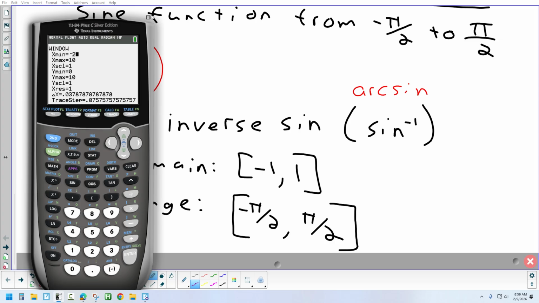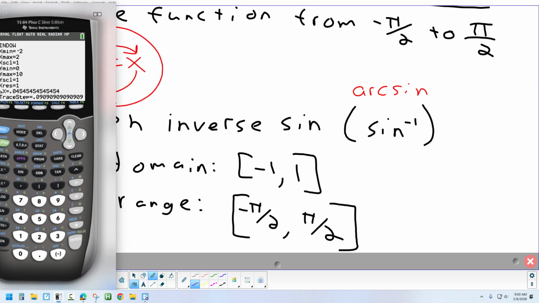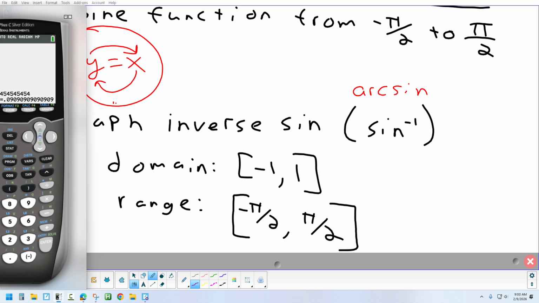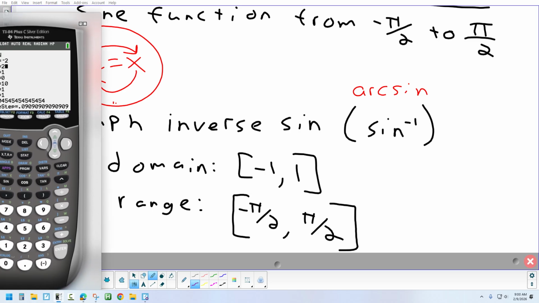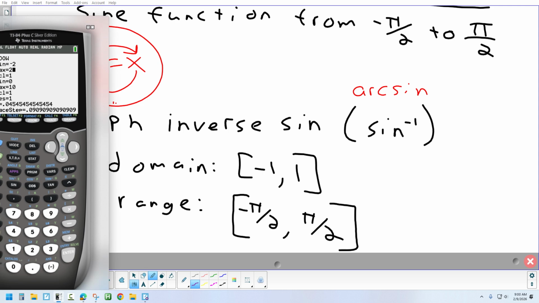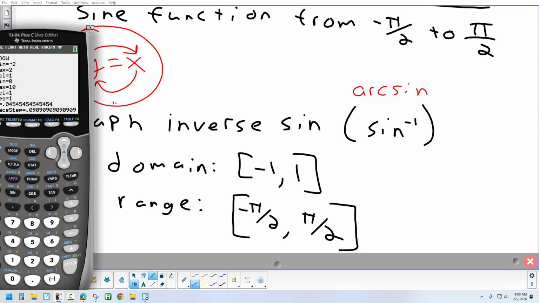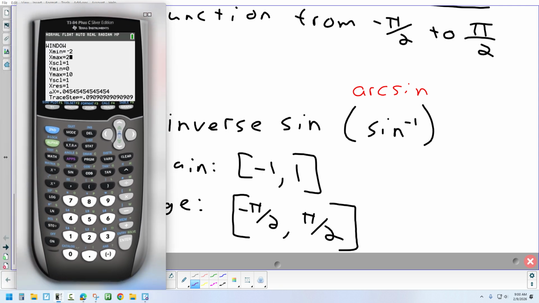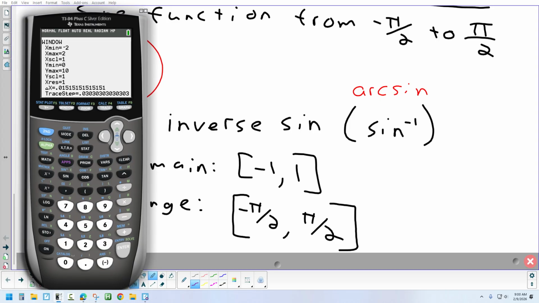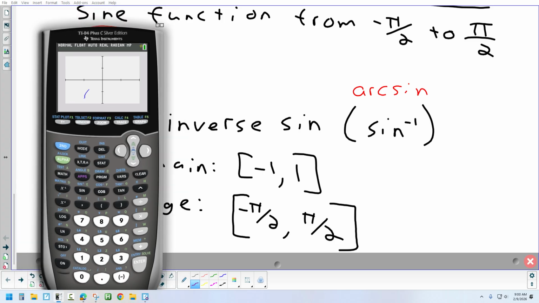Just so I have a little bit extra space, instead of going negative 1.57 to 1.57, I'm going to go negative 2 to 2. Actually, I'm going to do the same thing for the domain. Instead of going from negative 1 to 1, I'm going to go a little bit more. So I'm going to do negative 2 to 2 on everything. I think that'll be pretty good. Gives me just a little bit extra, and that way it won't be on the edge of the screen in any direction. And that is the graph of inverse sine.